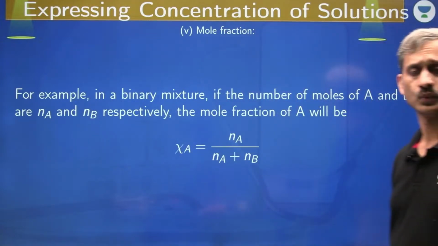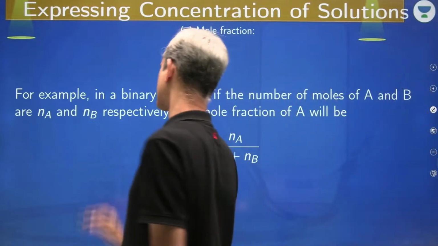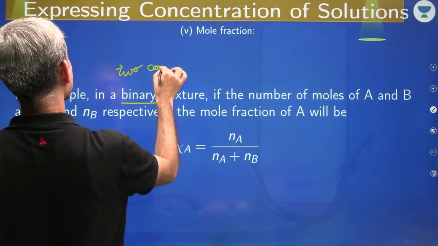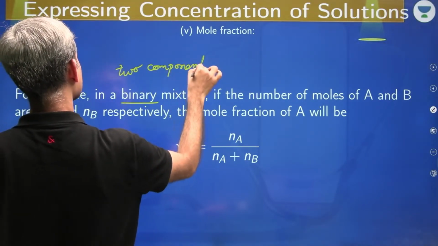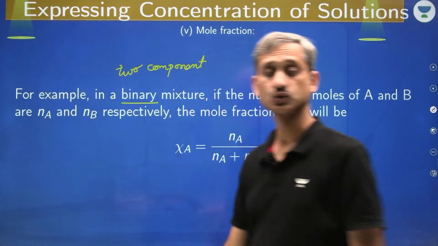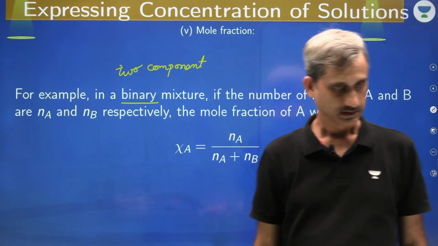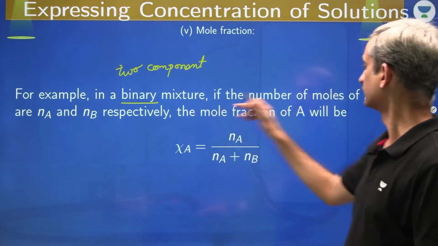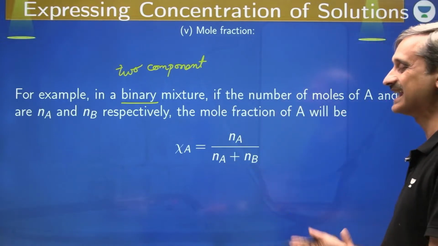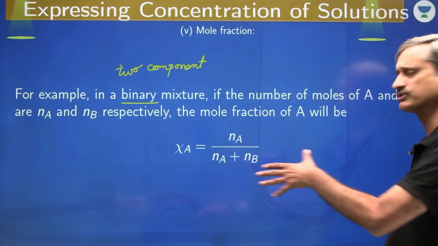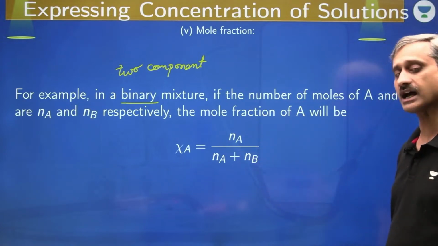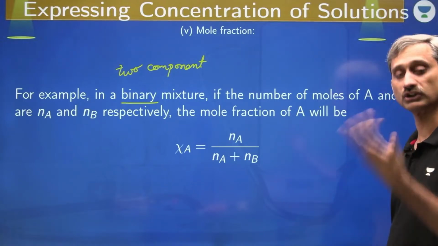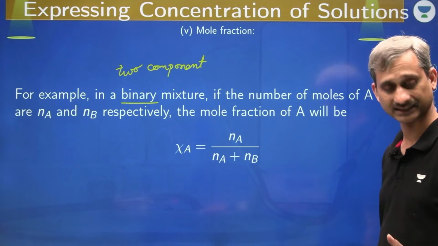So if we have a binary mixture, which means a two component system. Binary is two component. Clear? Okay. If the number of moles of A and B are Na and Nb respectively, I hope you are able to understand this very clearly. If any doubt, just ask me. I will explain it again and again till you understand, or till you understand that you cannot understand. I am going to explain it till that time.